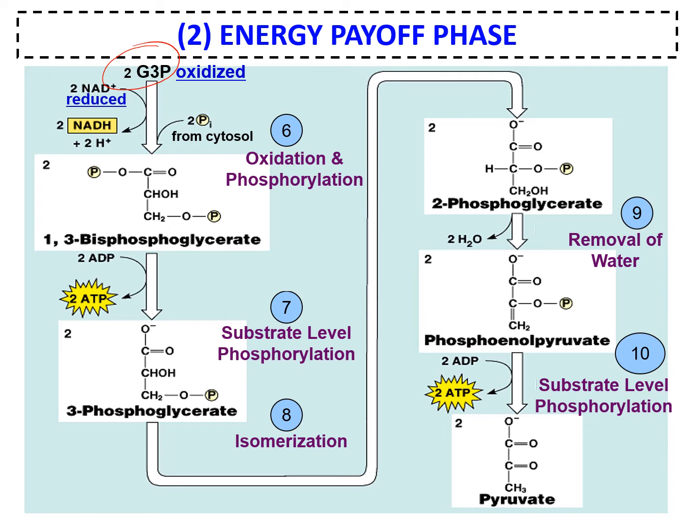So hydrogen is removed from the G3P. That is why G3P is said to be oxidized. The hydrogen removed from the glyceraldehyde 3-phosphate will be received by the NAD+. This is a redox reaction, which means NAD+ is reduced to NADH plus H+.